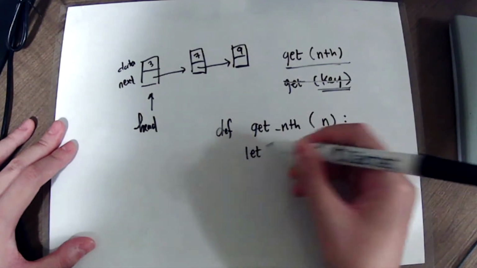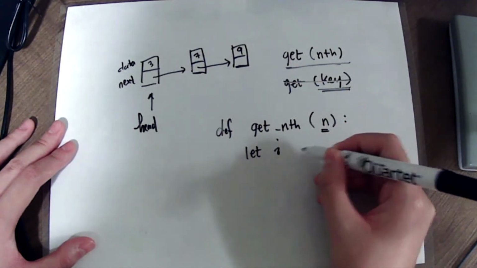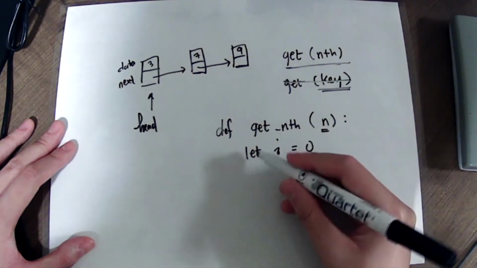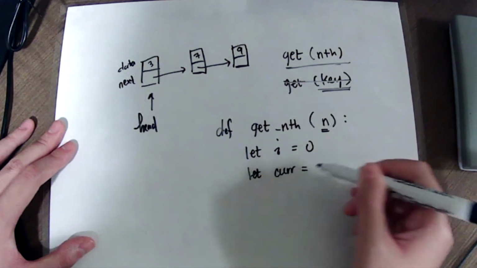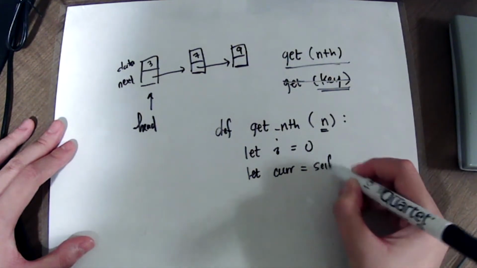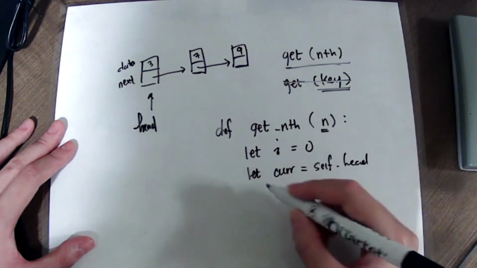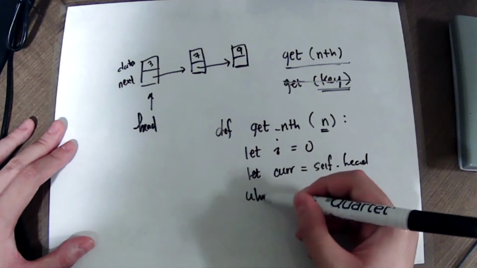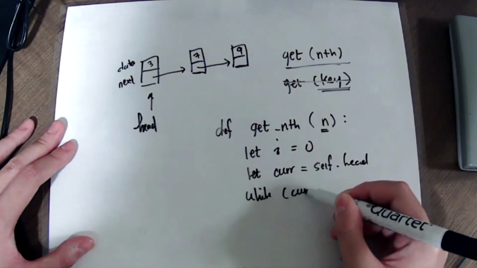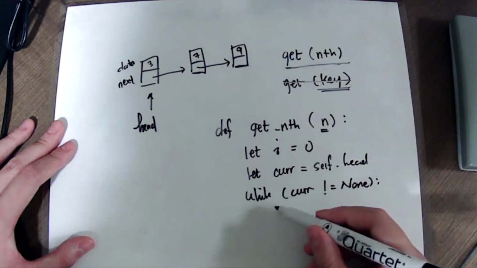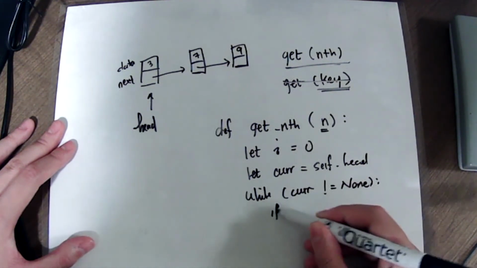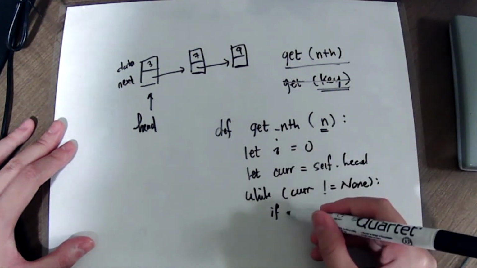So let i equal 0, and let cur equal self.head, right? We start from the head, and while cur is not equal to none, we check whether it reaches the nth element or not.